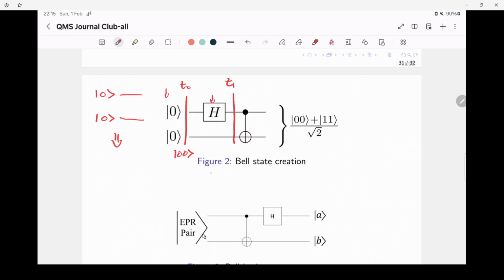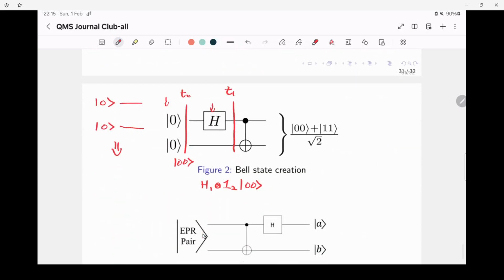So in this case, you have H tensor with identity I applied to 0,0 at t1. What it does is convert the first one to the plus state, and the second one is still the zero state. And then this is what we call the CNOT gate.